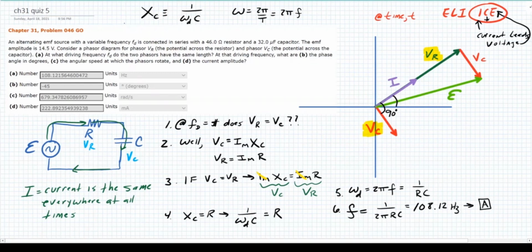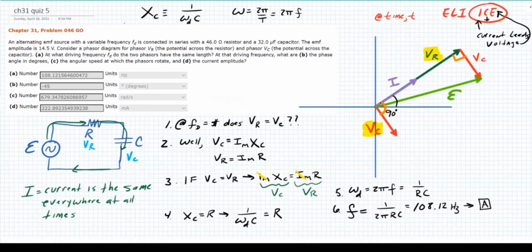There. All right, so let me see, I better fix this a little bit because this is 90 degrees. This is 90 degrees because voltage always trails current. Capacitor voltage always trails circuit current by 90 degrees. So that's 90 degrees right there. And if VR equals VC, this is the change I have to make.